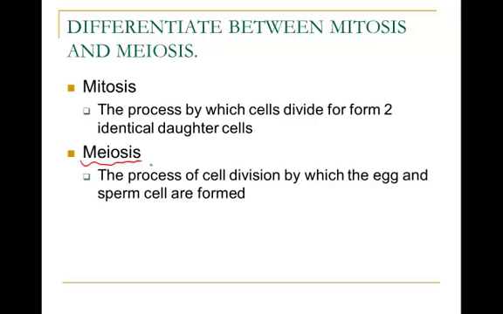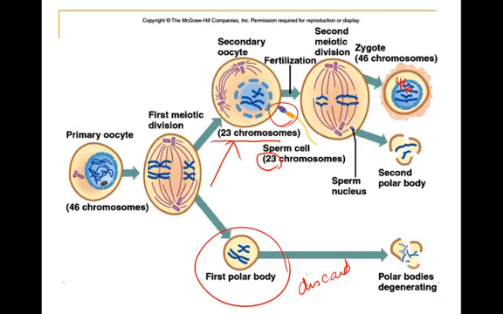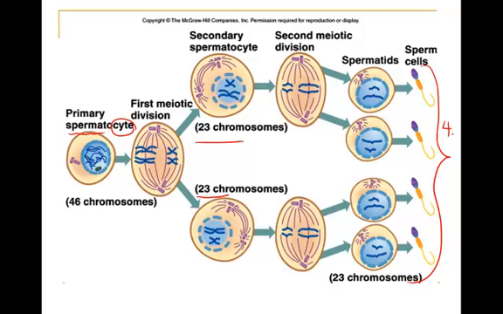So this is division of the sex cells, and this is division of regular cells. When we go back, sorry to take you back here, you'll notice you call it the first mitotic cell division, and there's another mitotic cell division.